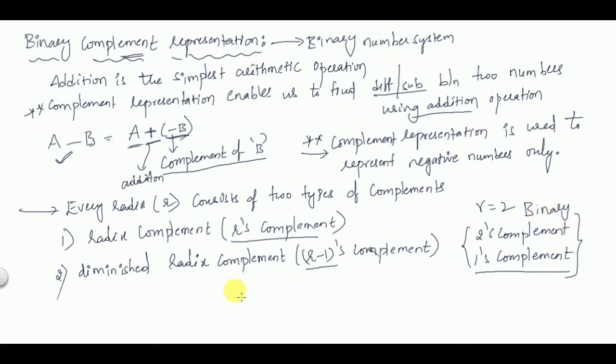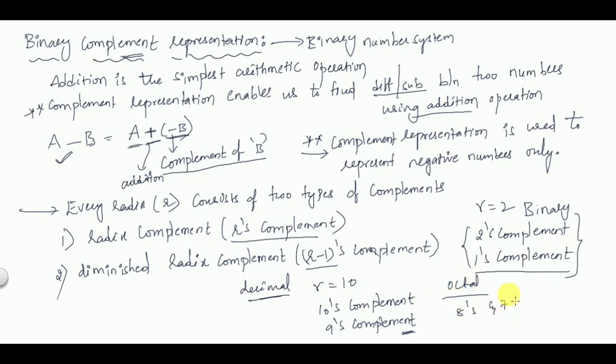For the decimal number system, what is the R value? The radix value is 10, so it will have 10's complement and 9's complement. Very simple, right? Similarly, the octal number system will have 8's complement and 7's complement.